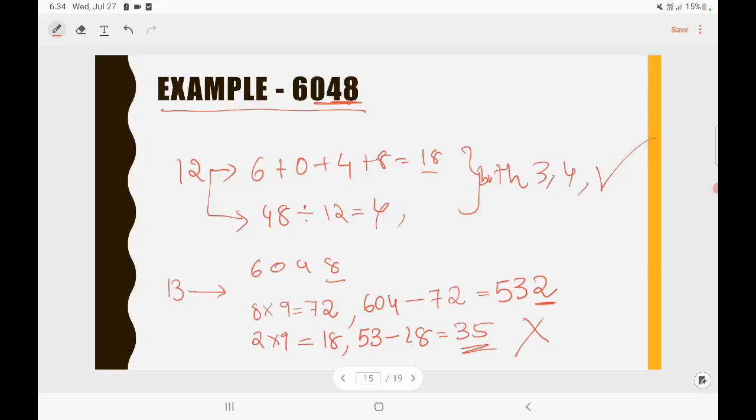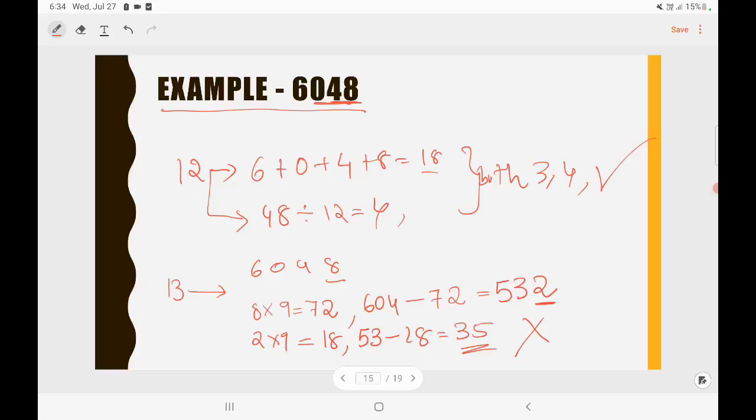Now, what you need to do is be thorough about all these divisibility rules that I have taught here. You can go back to the video, note it down and learn it. What we have done here are straightforward questions, like whether 6048 is divisible by 5 or by 12.